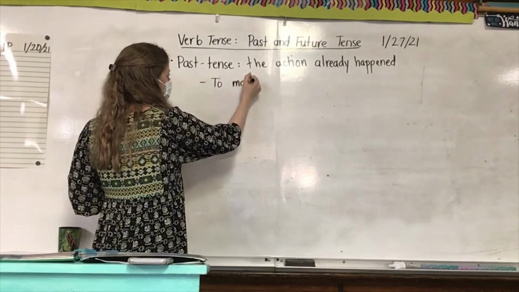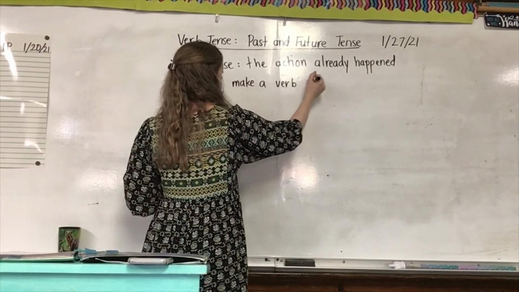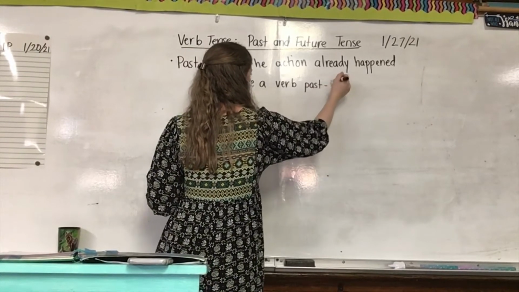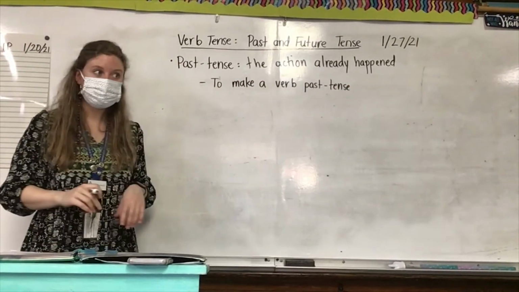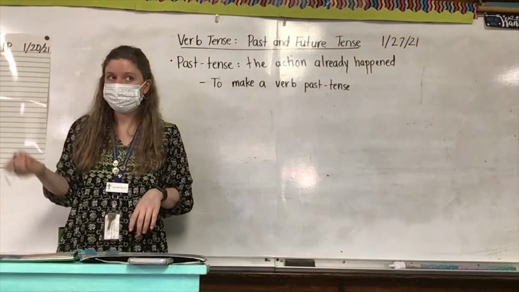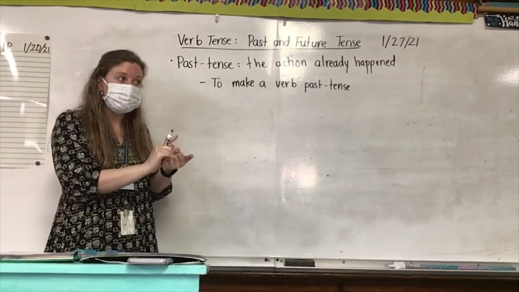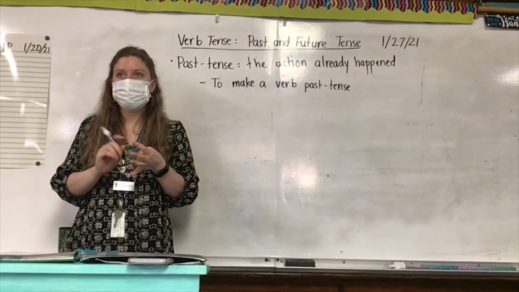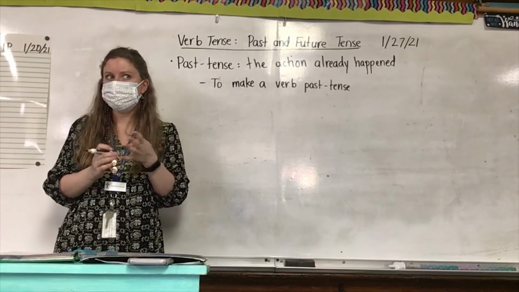To make a verb past tense, with most verbs, not every single one, because like I keep saying, there are some weird ones. We did see some weird ones on Monday, like sit and keep and sleep and, do you remember another one?